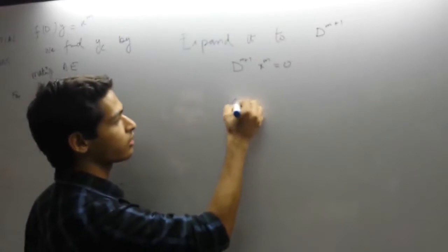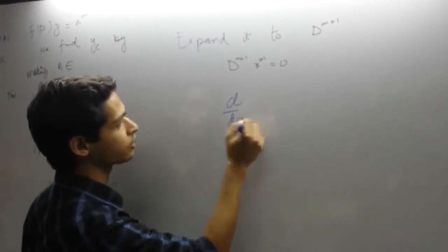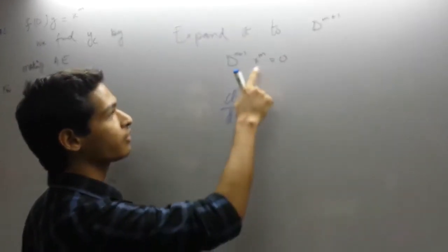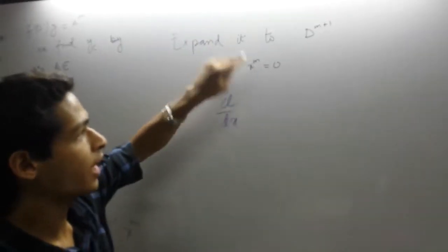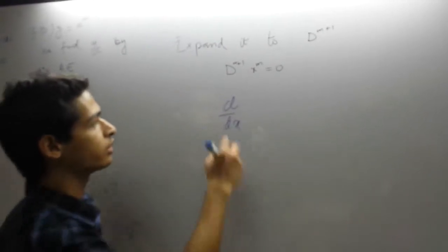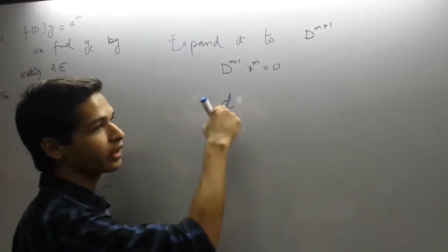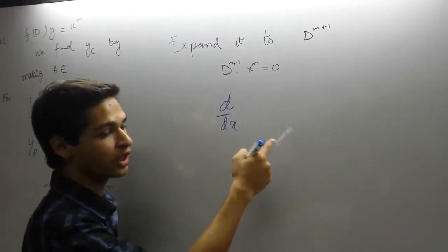Now D here is equal to d upon dx, which is the differential. If our polynomial has the highest order m and our differential has the order m plus 1, then the answer will be equal to 0.